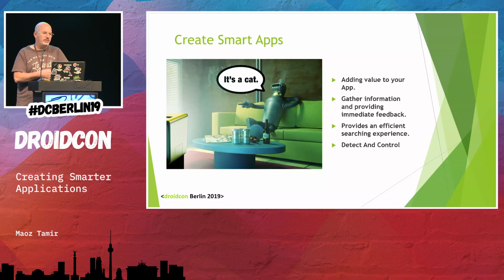Now, in regular issues, if you try to do that through an accelerometer or through a GPS location, you're going to have issues because you cannot always predict that.